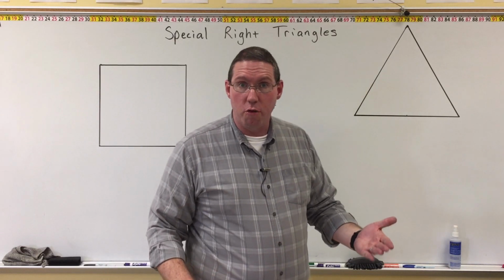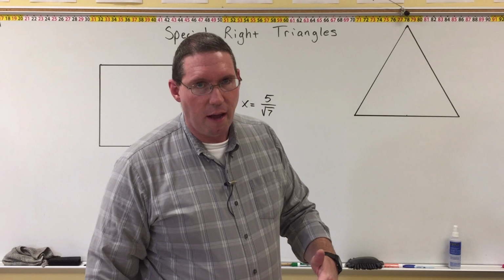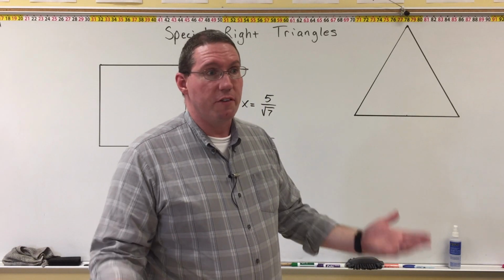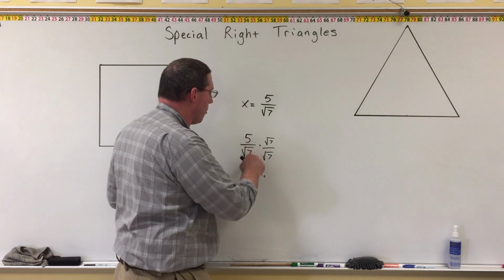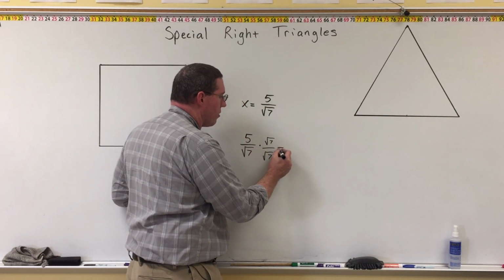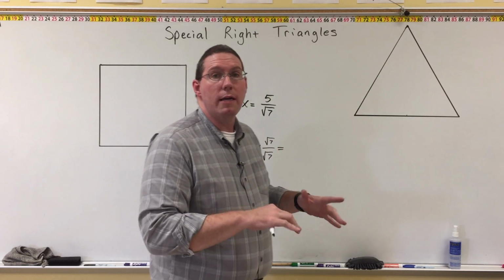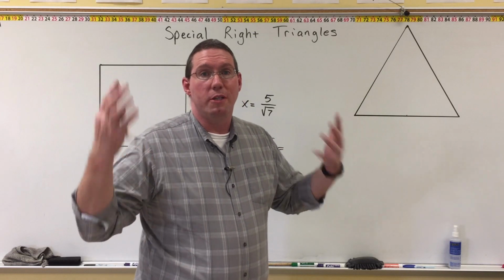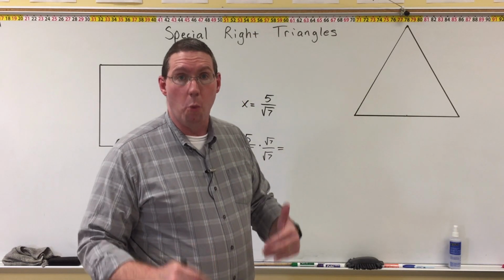Like 2 times 1 is 2, 17 times 1 is 17, 17.5 times 1 is 17.5. Anytime you multiply a number by 1, it equals itself. But what we're doing is we're using 1 in another form. 1 has transformed into a different appearance, but it still has a value of 1.